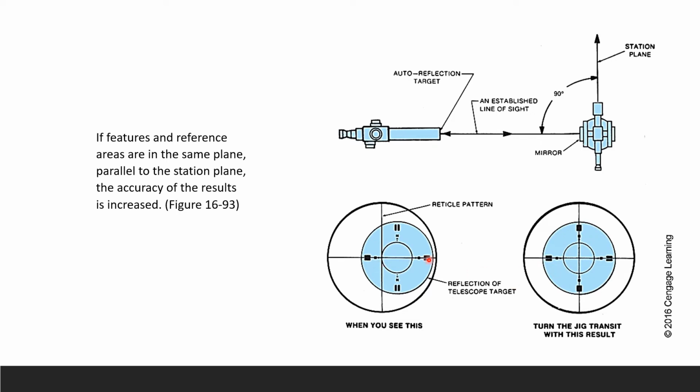Here the crosshair is not overlapped on your target, so that's your reflection in the telescope. And then this is your reticle pattern. When you see this, you have to turn the JIG Transit to overlap your target together. It's just adjusting, and we call that adjusting by using these knobs.